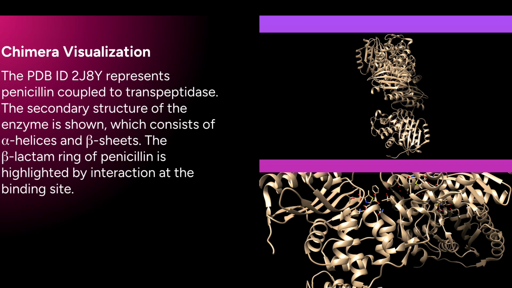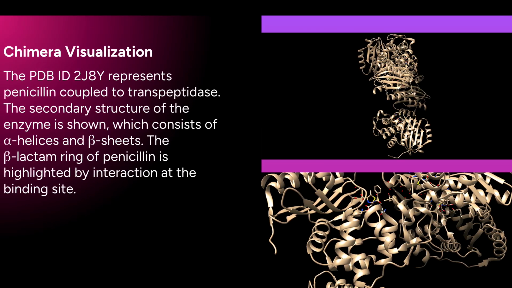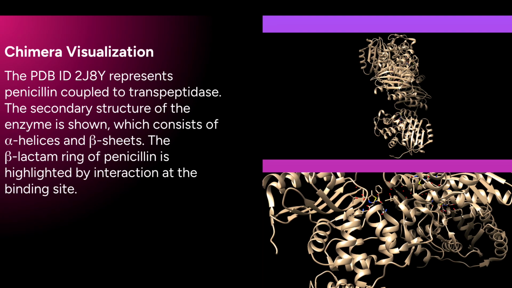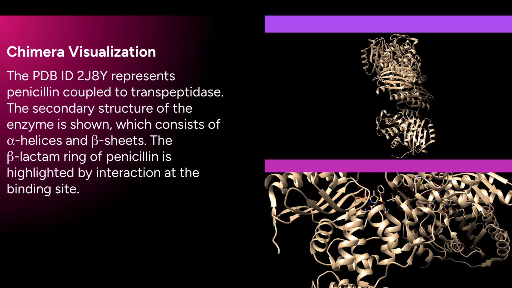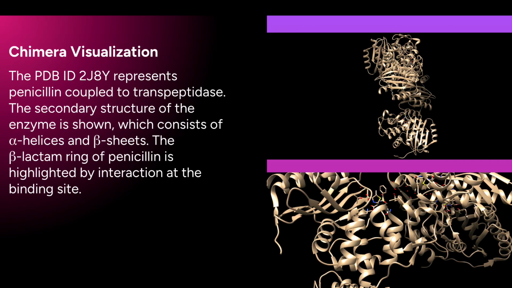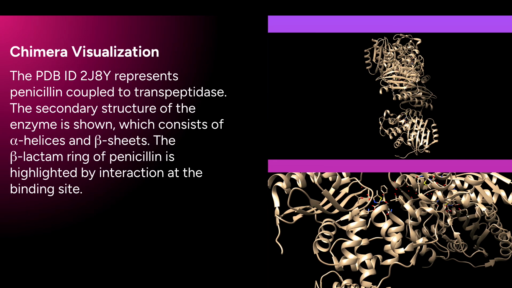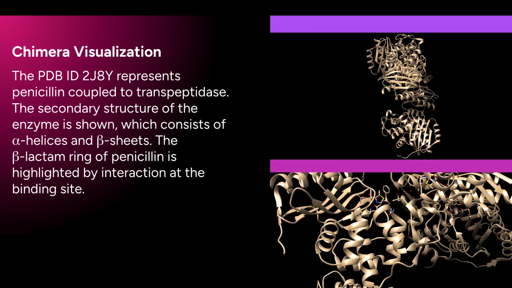The β-lactam ring of penicillin is positioned precisely where the catalysis would take place at the enzyme's active site, as shown in my close-up image down below. This demonstrates unequivocally how penicillin inhibits the enzyme via acylation, therefore validating its inhibitory mechanism.